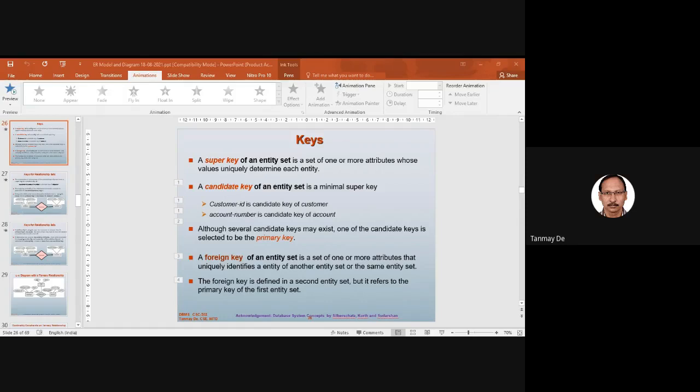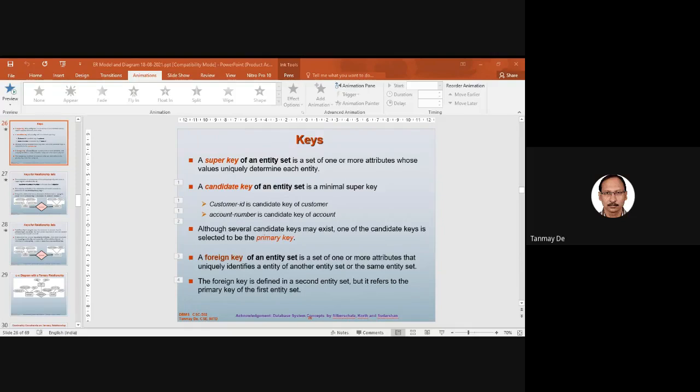Is it clear? Similarly, only the customer ID is sufficient to uniquely determine the entity Vijay Chaudhary from the entity set customer. This is also a super key.